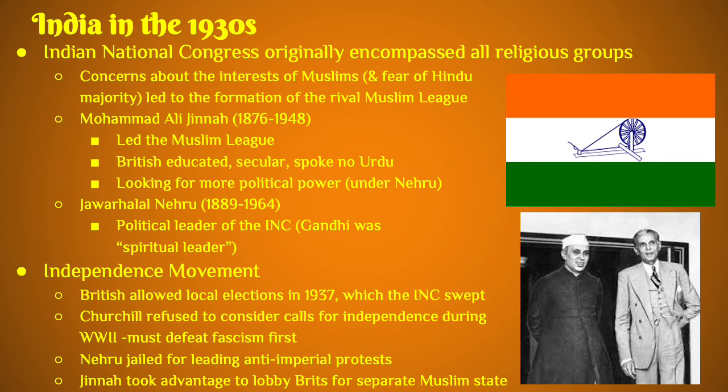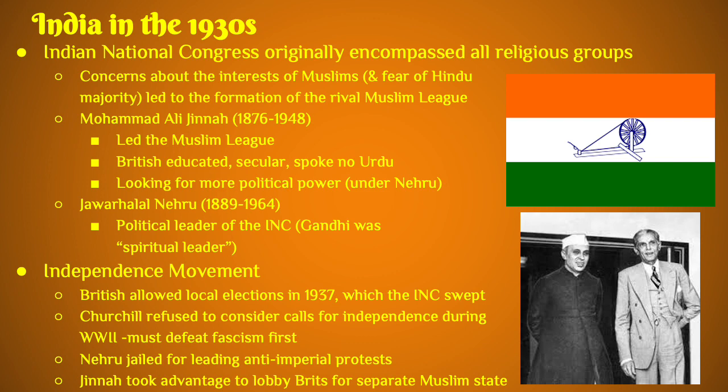The 1930s were a tumultuous period in India. If you recall from a previous lecture, there was an organization called the Indian National Congress that was created in the 1880s, and originally it was for all Indian people. It wasn't divided by religion, but some Muslims started to have concerns about the interests of their fellow Muslims, and they were a little concerned about what the Hindu majority in India might do.